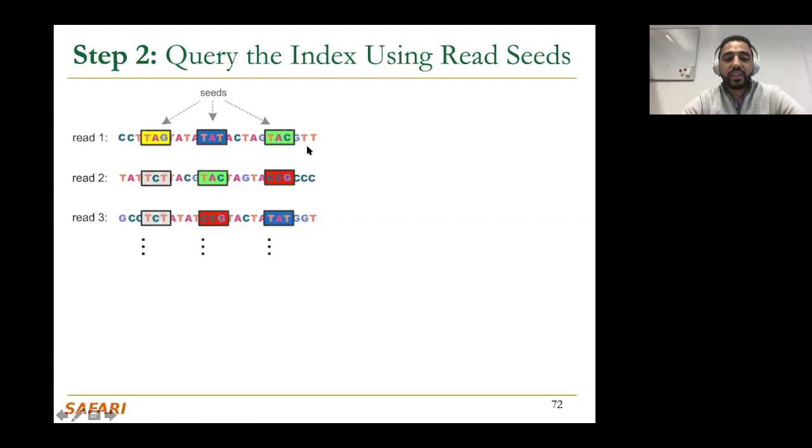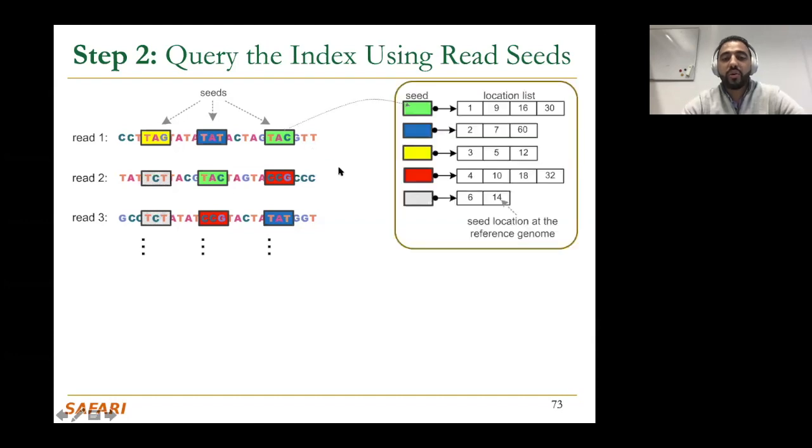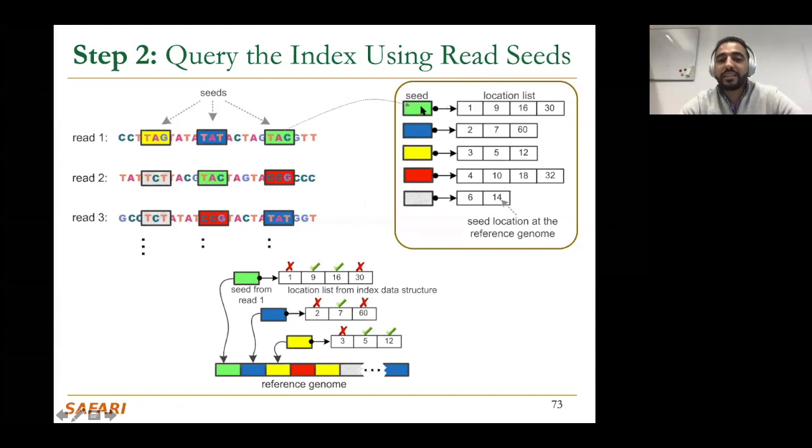So think about the first read. We already have the hash table built. Now we will pick one of these seeds extracted from the read and we query the reference genome. Do you have this k-mer or seed stored in the hash table? Okay, if it is stored, what is next? Give me all the locations where this seed is located in the reference genome.